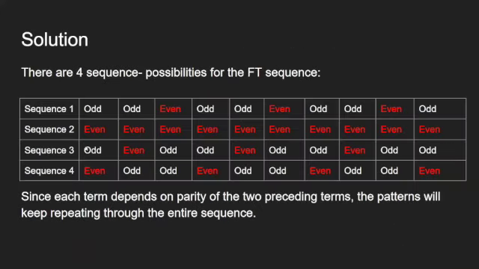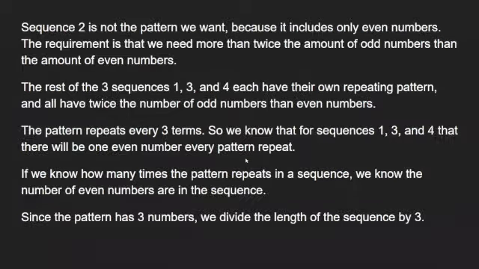You can see it's the same thing here. Every 3 terms, it repeats the pattern, and there is one leftover odd number that makes sequence 3 fit the requirement of more than double the even numbers in odd numbers.